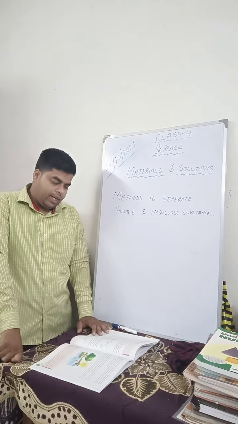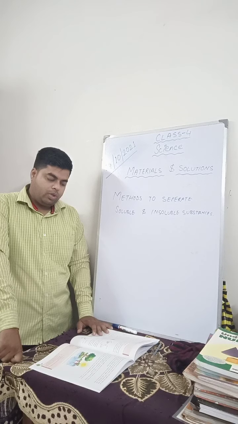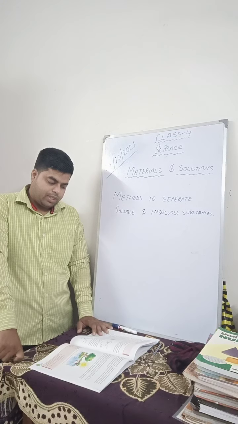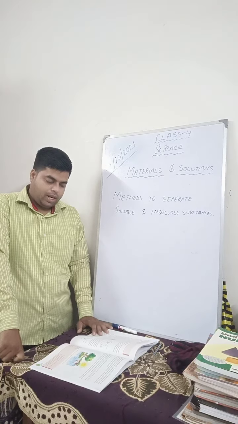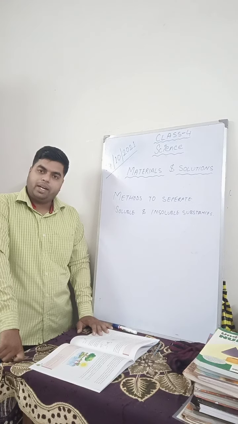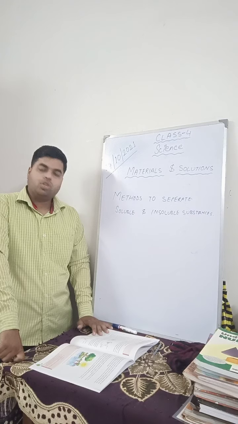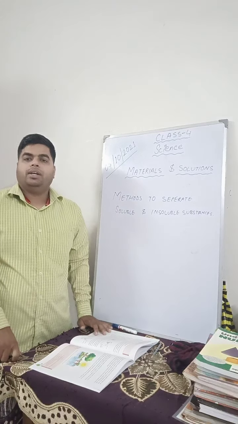For example, take muddy water in a container and allow it to stand undisturbed for some time. The heavier substances in muddy water, like soil and sand, will settle at the bottom, and the clear water can be slowly poured into another container.